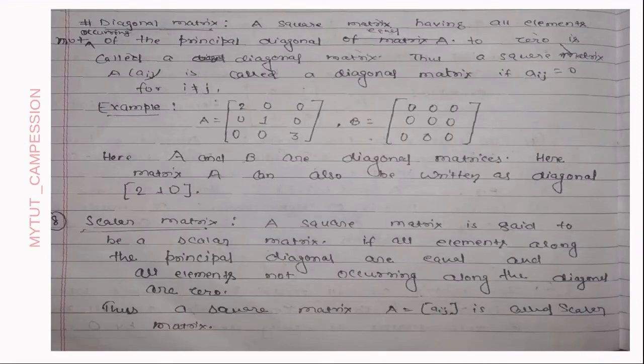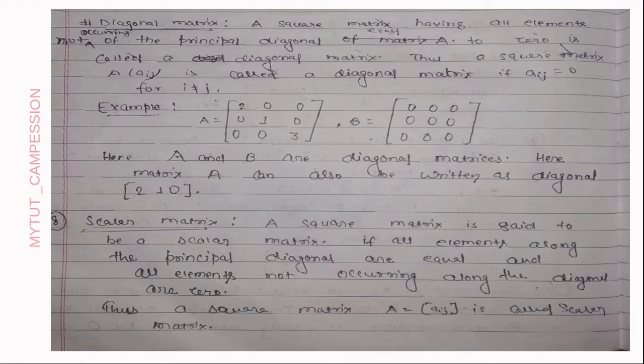Now we will define a diagonal matrix. Diagonal matrix: a square matrix having all elements not occurring on the principal diagonal equal to 0 is called a diagonal matrix. Thus a square matrix Aij is called a diagonal matrix if Aij equals 0 for i not equal to j. That means in a square matrix, all elements except those on the principal diagonal are equal to 0.